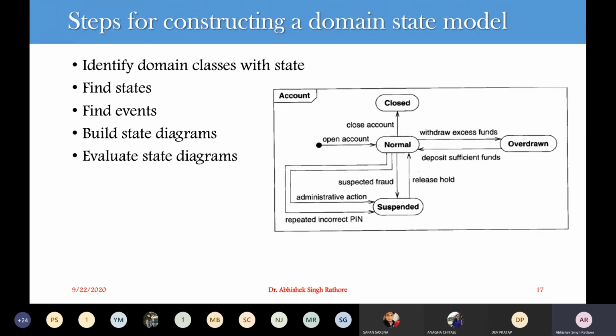If it is a normal account, then we can collect amount right from your ATM, and if it is closed, we cannot collect amount. If it is suspended, we need some administrative action to collect our amount. So this is why we have to find out the different states.